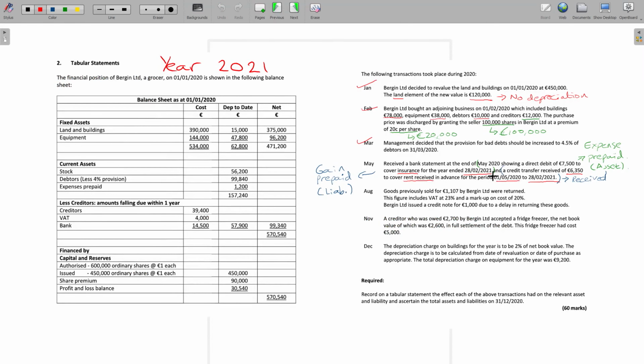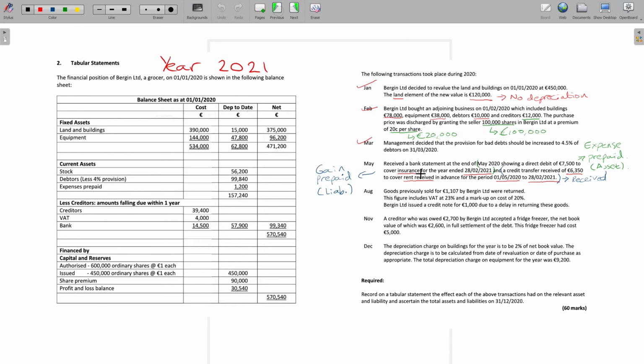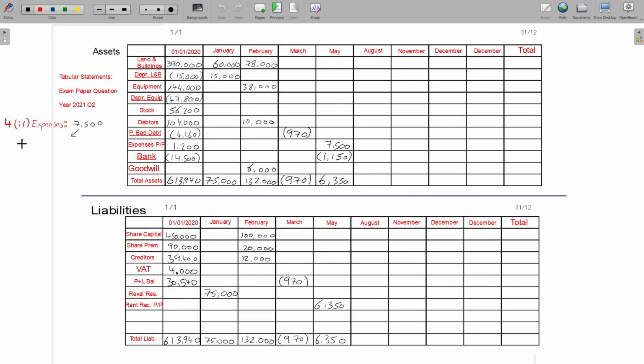Let's say we're looking at expenses. So we have 7,500. Of that 7,500, it covers the full year, 12 months up to 28/02/21.